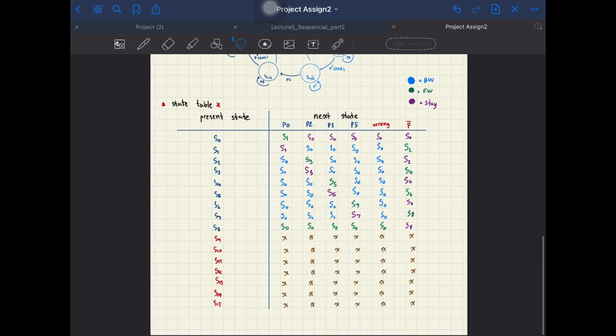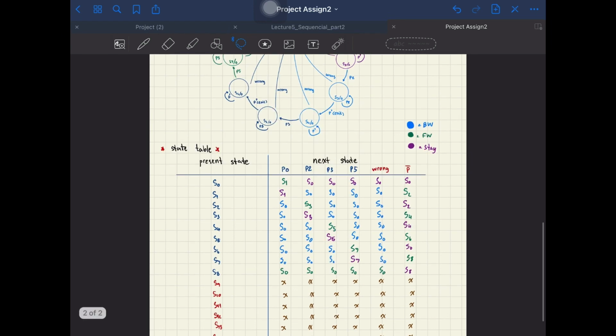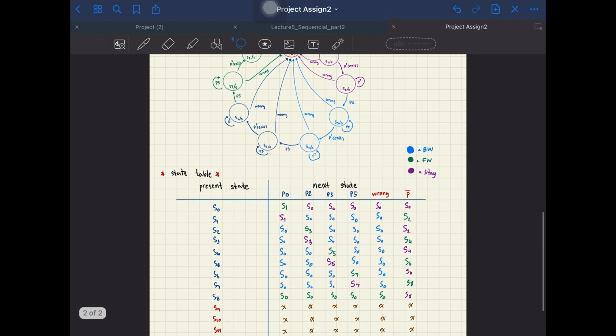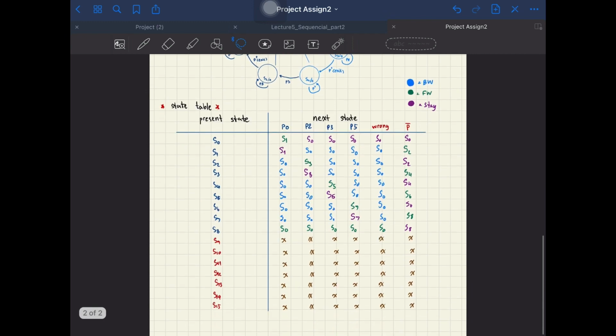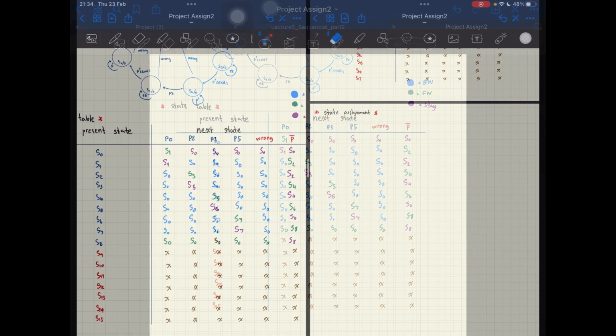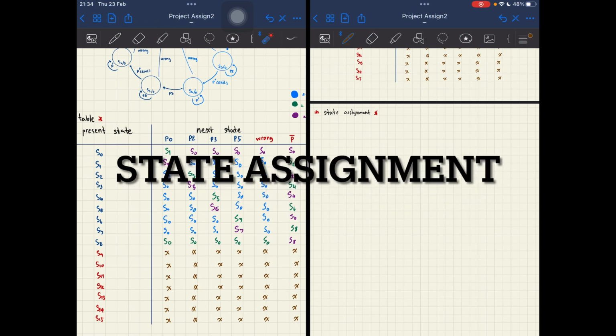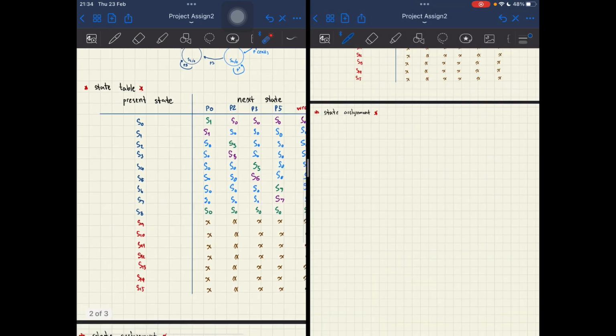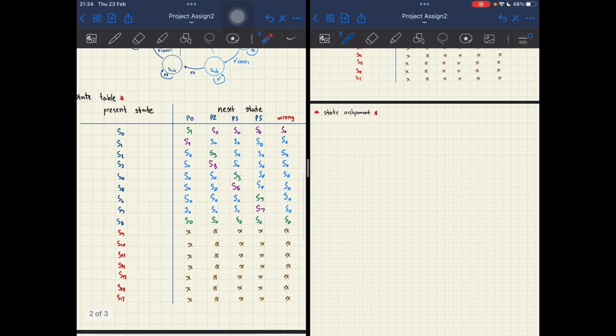Here it is, the state table of the state diagram, 4-digit password. So let's go to state assignment. So we are now here at state assignment, and we can write the state assignment from the state table at the left hand side.